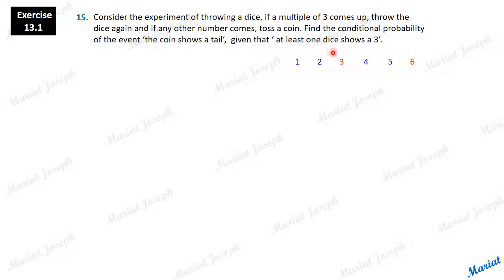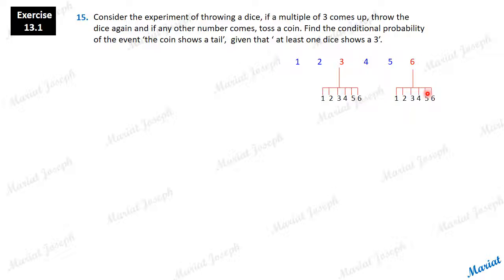If a multiple of 3 comes up, that is either 3 or 6, throw the dice again. In case the outcome at the first stage of the experiment is either 3 or 6, then you need to throw the dice again. That means if you got 3, you will toss a dice again, and any of the numbers 1 to 6 can happen. Or if 6 happened, then also you would throw a dice once more, with numbers 1 to 6.